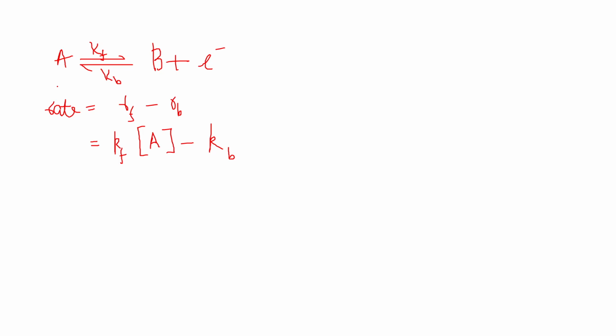If this is the direction of the reaction, A giving B plus e minus, that is the rate, but here the reversible reaction is also happening, that's why we write minus rb. When you write a reaction, reactants give product, so your reaction rate will be k into the concentration of the reactant.